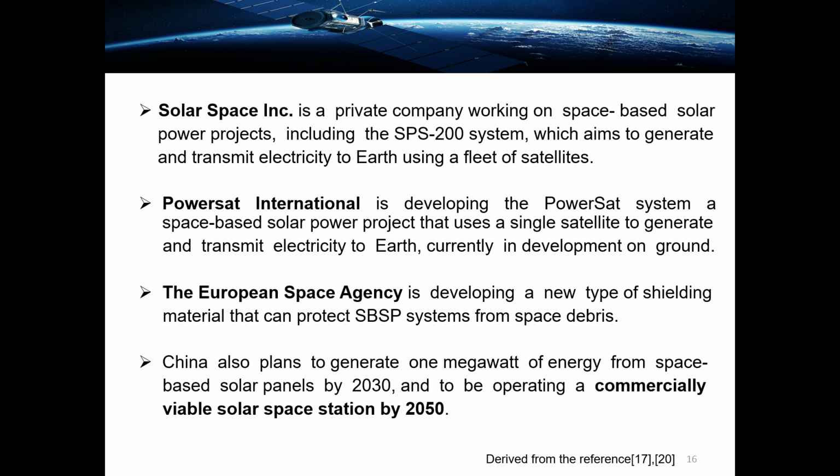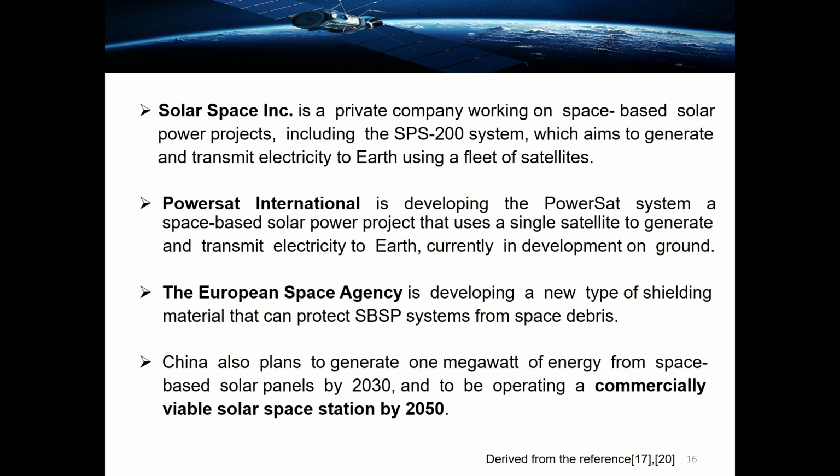Sixth is PowerSat International, which is developing the PowerSat system, a space-based solar power project that uses a single satellite to generate and transmit electricity to Earth, currently in development on the ground. Eighth is the European Space Agency, which is developing a new type of shielding material that can protect space-based solar power systems from space debris.